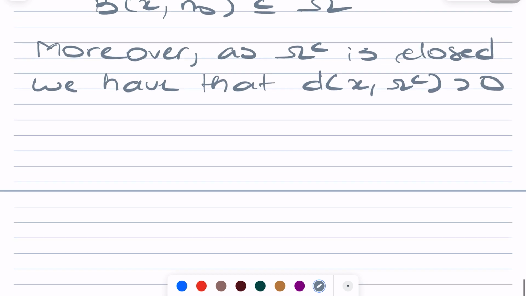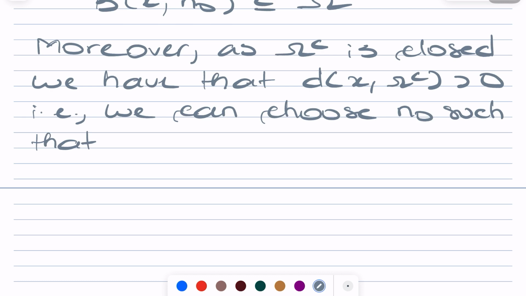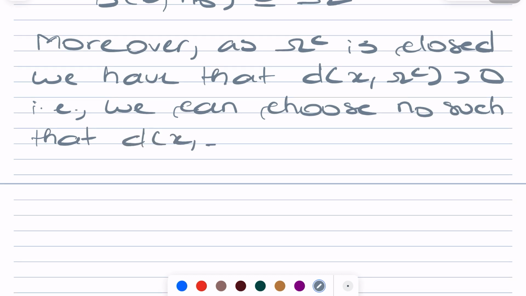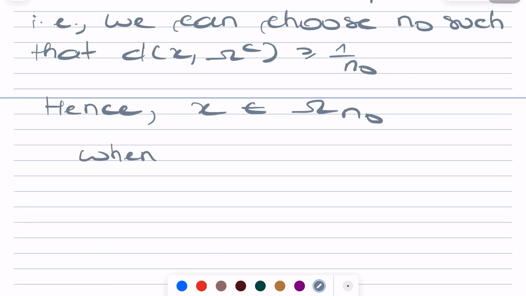So we can choose n0 such that the distance of x to omega complement is greater or equal than 1 over n0, and you have that x is an element of omega n0, whence omega is contained in the union of omega n. So good, our sequence of sets omega n, which are compact, obviously approximates omega.